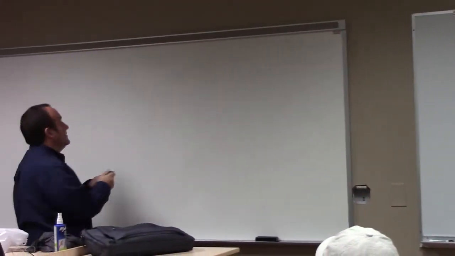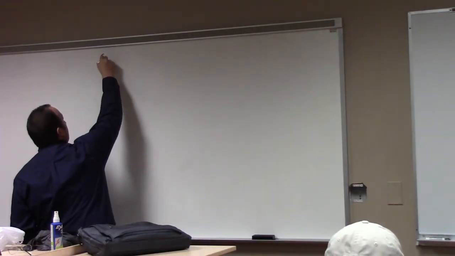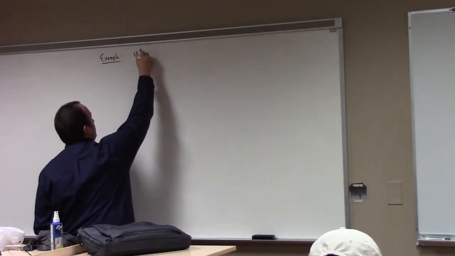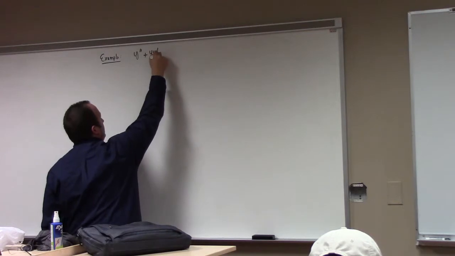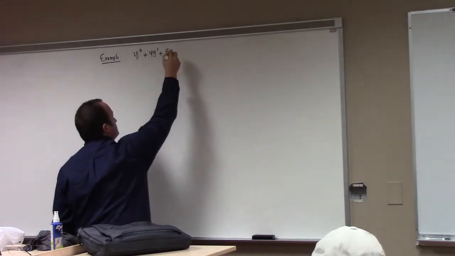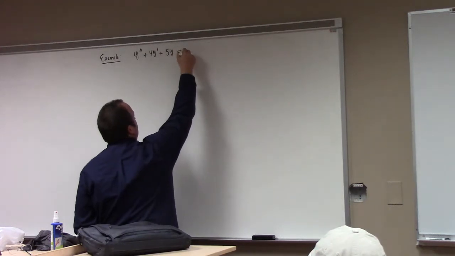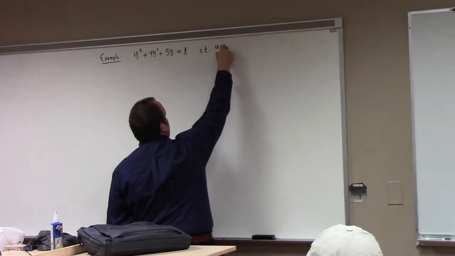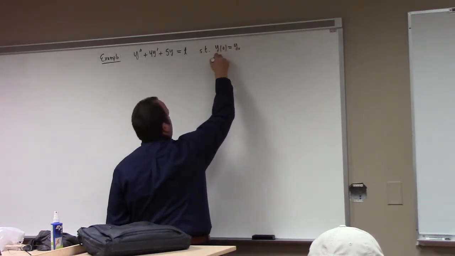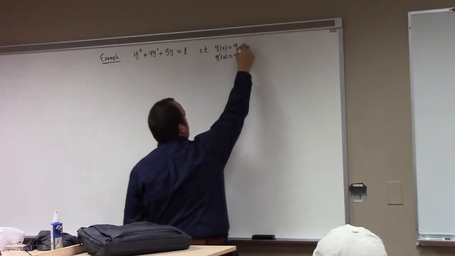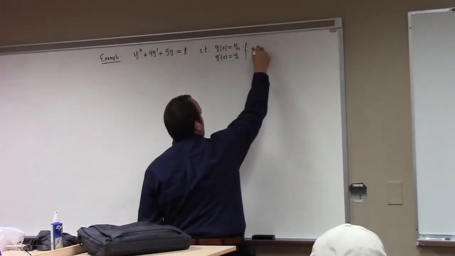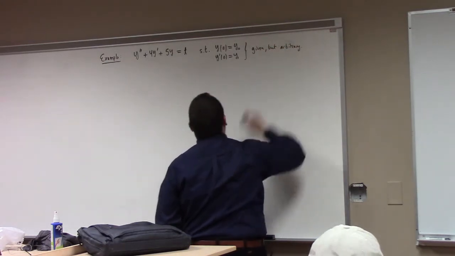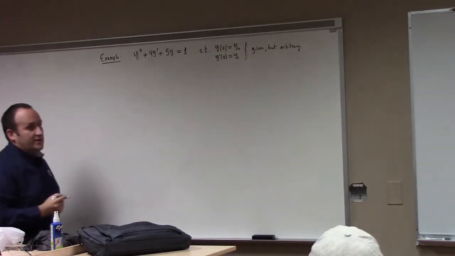Let's try to solve y'' + 4y' + 5y = t, such that y(0) = y0 and y'(0) = y1, where these are given but arbitrary. In other words, we want to solve the initial value problem.